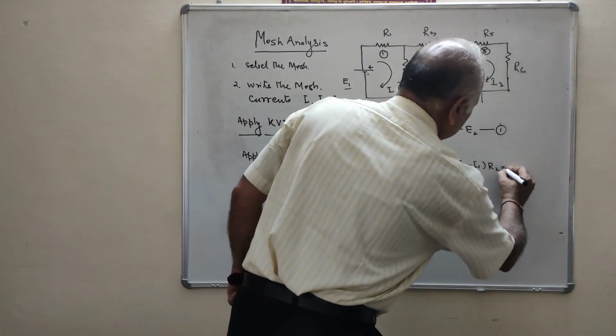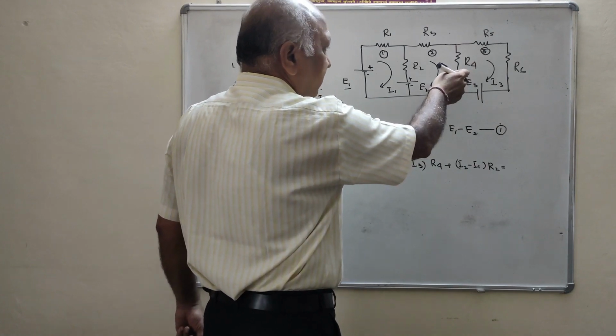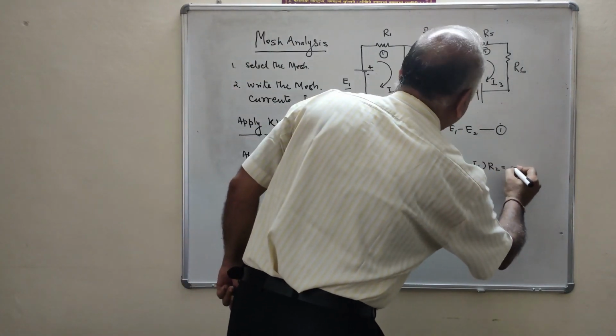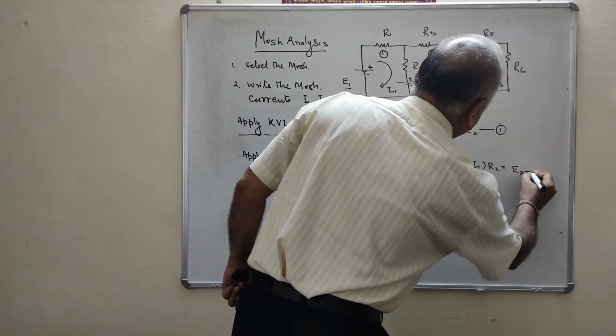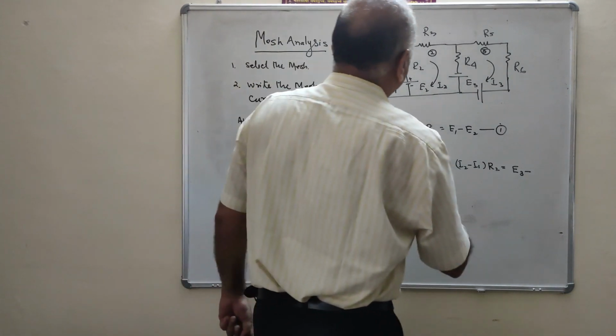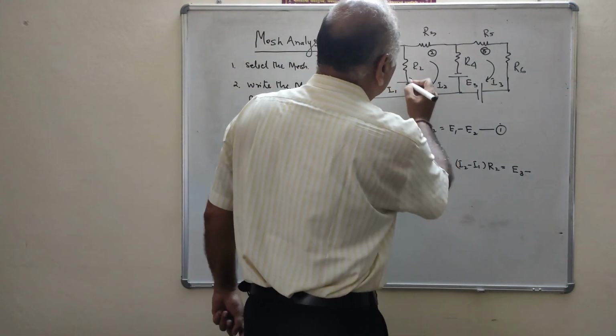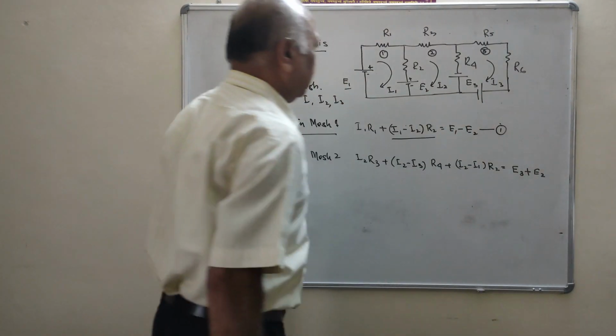And that is equal to, here I2 is coming from negative to positive. That means this will be E3, and here negative to positive, it will be written as E3 plus E2.